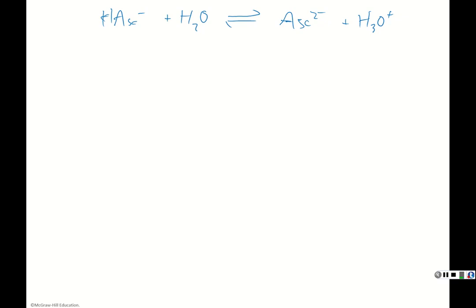And we're given a Ka for that, so we can write the expression Ka2 equals ASC2 minus times H3O plus divided by HASC minus. Okay. And that equals 5 times 10 to the minus 12.